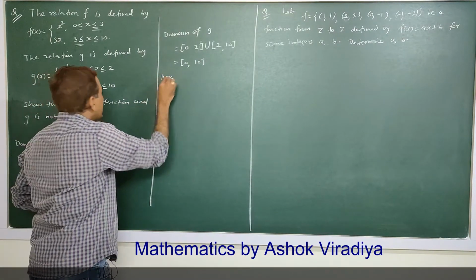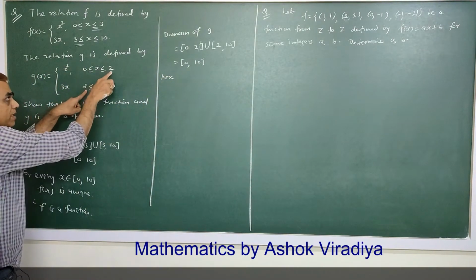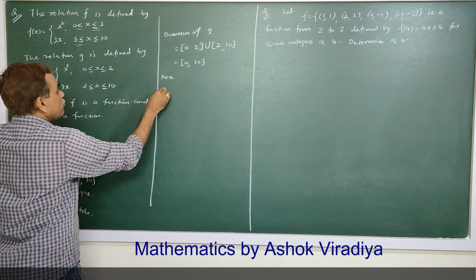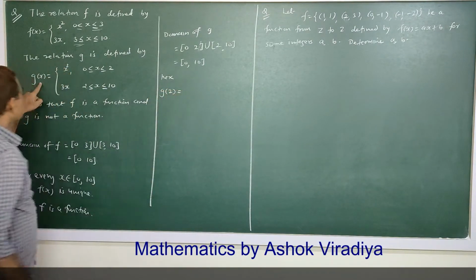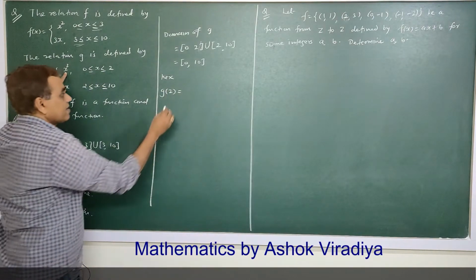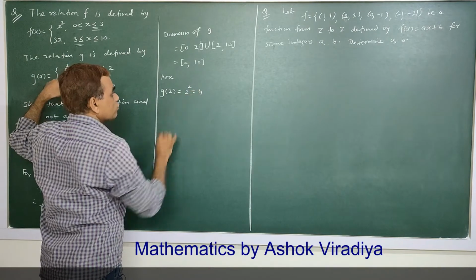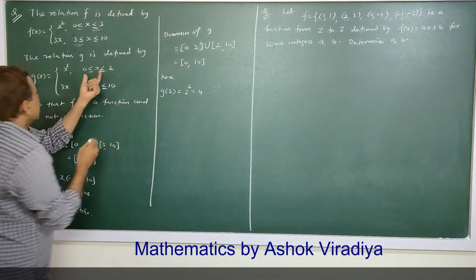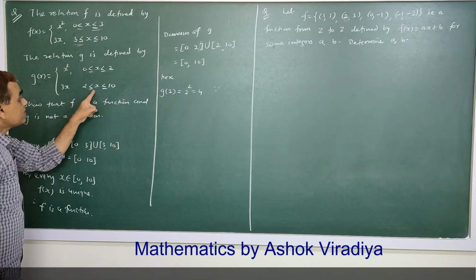Now see, we are taking this common number and putting it in this machine. Here G of 2 is in this interval, so G of 2 is 2 square equal to 4, because 2 is in this interval. 2 is also in this interval.